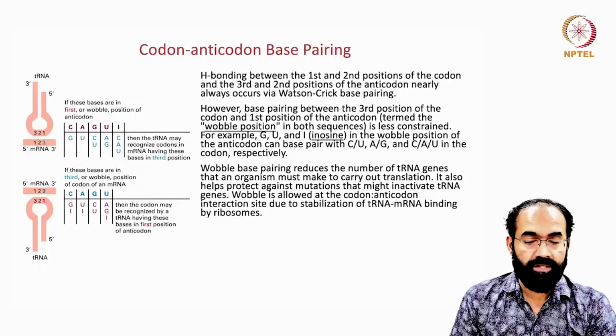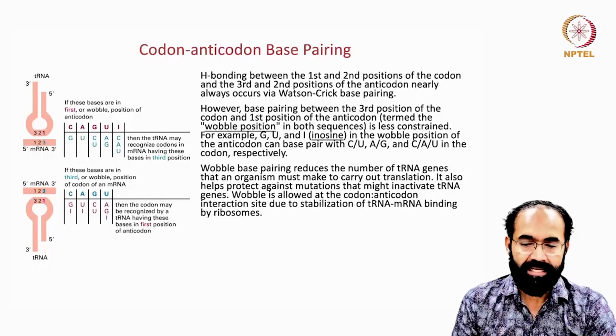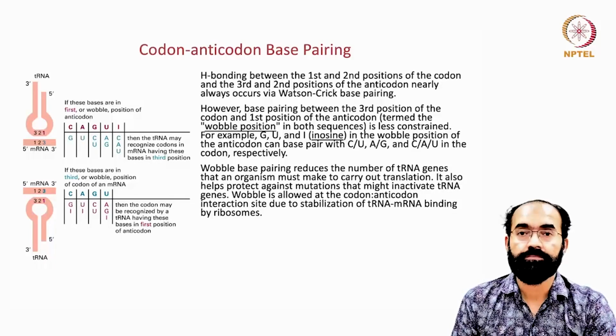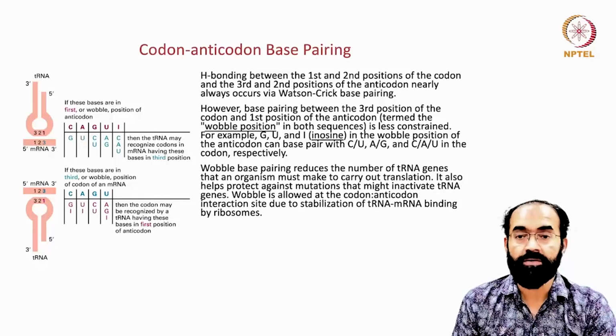For example, G, U and I, where I stands for inosine, which occurs in the tRNA as a post-transcriptional modification. The wobble position of the anticodon can base pair with C, U, A, G or C, A and U, because I can pair with any of these bases in the codon respectively.